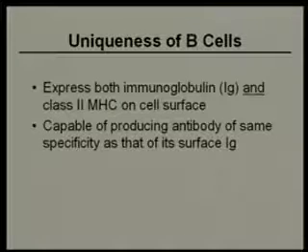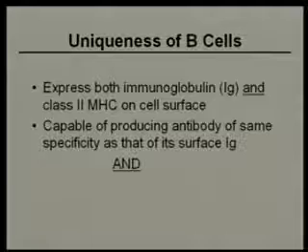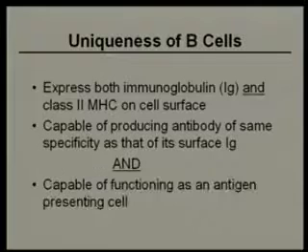So the immunoglobulins can not only be secreted, but they can also bind to different peptides, leading to presentation on the class 2 molecule. That's shown here again. They can produce immunoglobulins that produce a particular part of the immune response. They can also act as antigen-presenting cells.